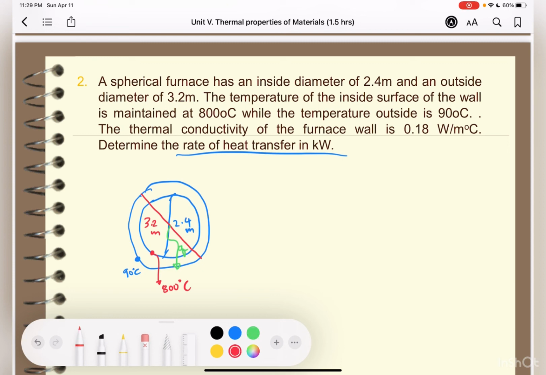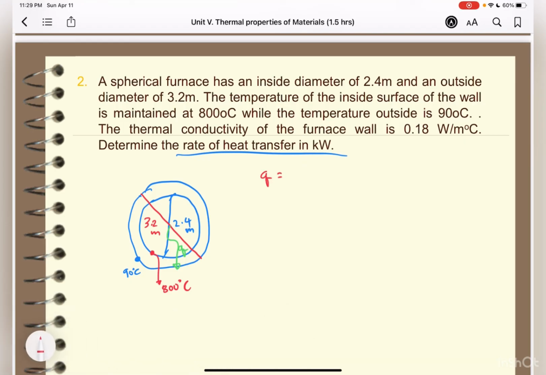Then we have from our equation Q is equal to delta T over RT, or your resistance. So we could get that easily as negative 90 minus 800 all over the resistance. What's your delta X? We need to get the delta X here, and also the area.